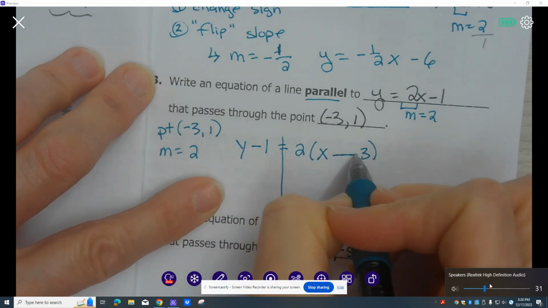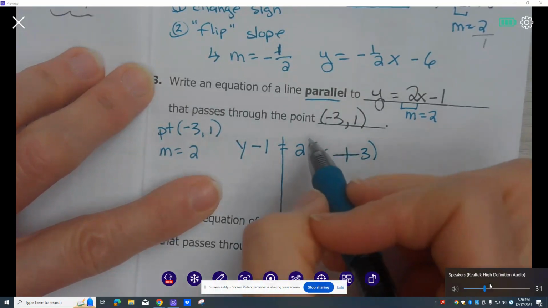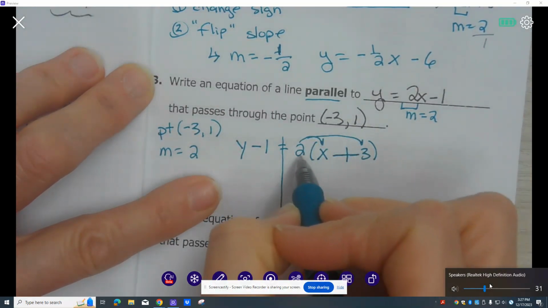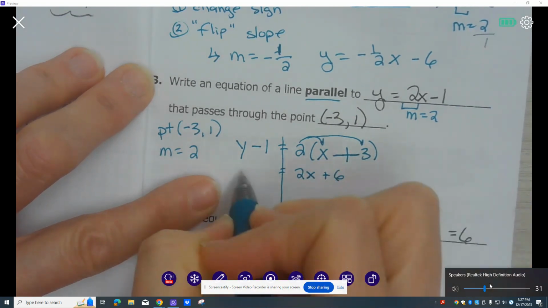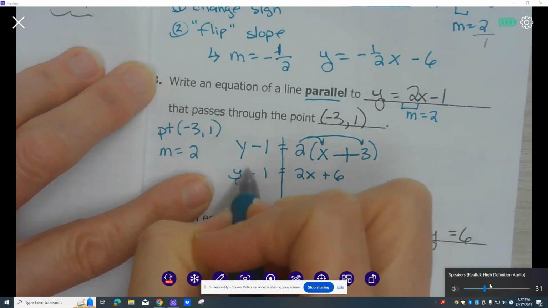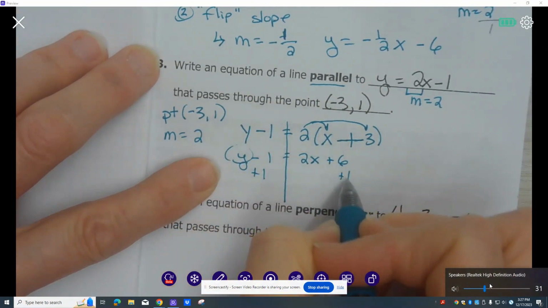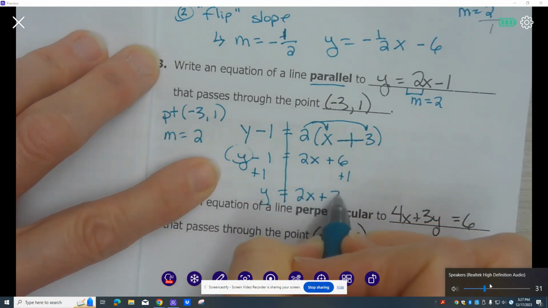So I'm just going to turn that into my giant plus sign, which I think some of you are just doing it right in your notes that way. And then distribute the 2. So multiply the 2 by the x and the 2 by the 3. I would get 2x plus 6, y minus 1. Okay, let's get y alone. Add 1 to both sides. Y equals 2x plus 7.